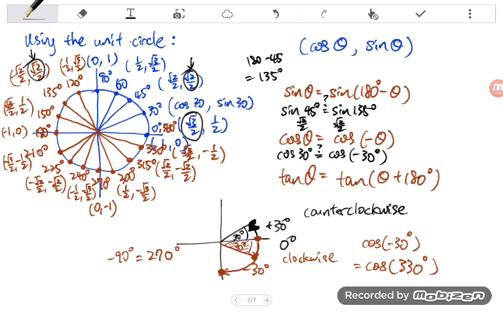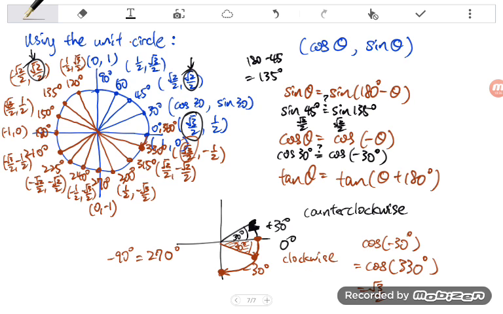Make sense? Because we're going down this much, if I go one full circle, that gives me 360. So if I go negative 30, that will end up at 330. So cosine of negative 30 is the same thing as cosine of 330, and the value would be root 3 over 2. Right? This is root 3 over 2.